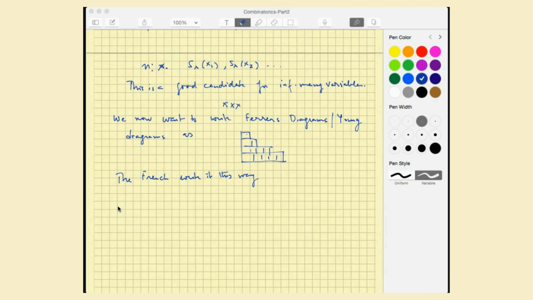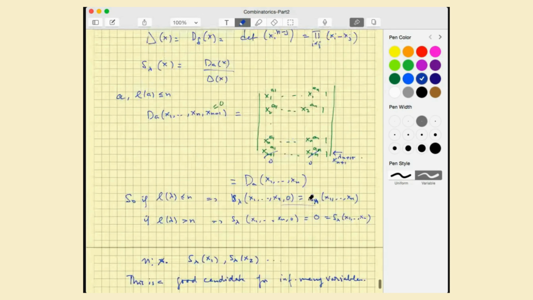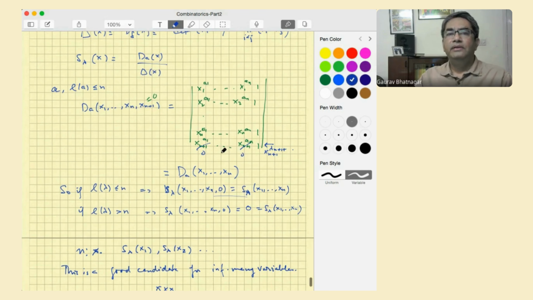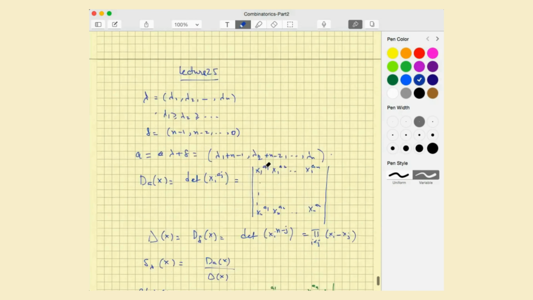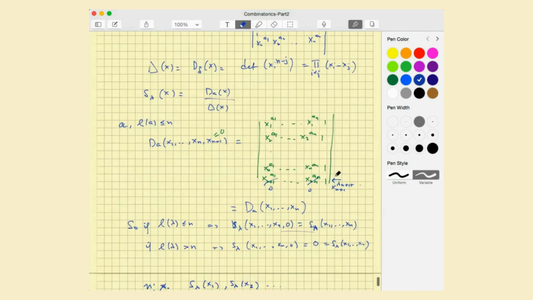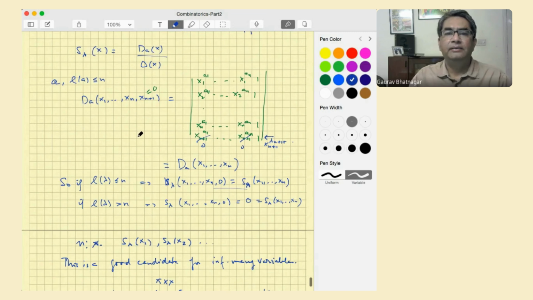x1 to xn plus 1 that we took, in that if we take xn plus 1 equal to 0, then our last entry will be 0 to the power 0, won't it? All are 0, because if the last one is something bigger than 0... No, in the last column we are getting ones only when the length of A is less than or equal to n.